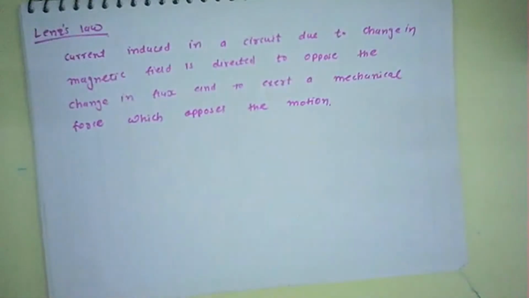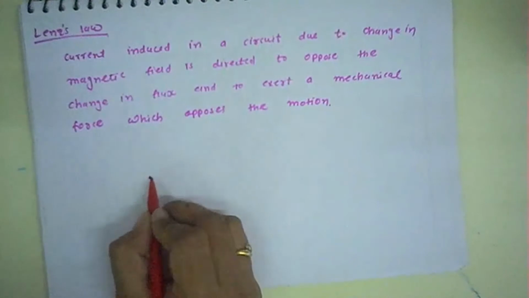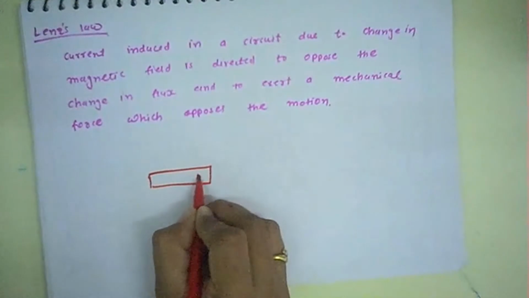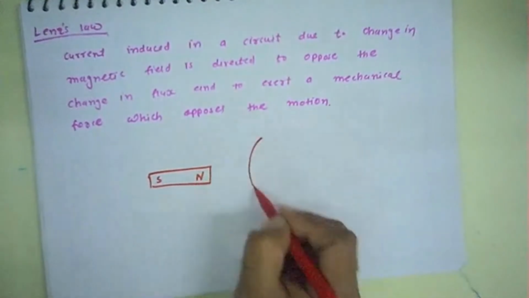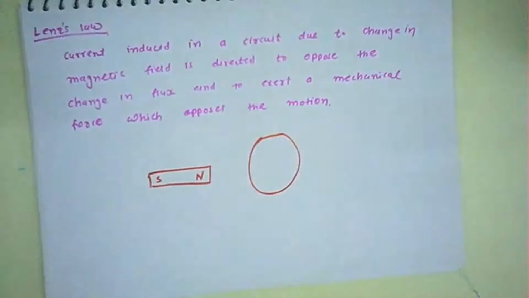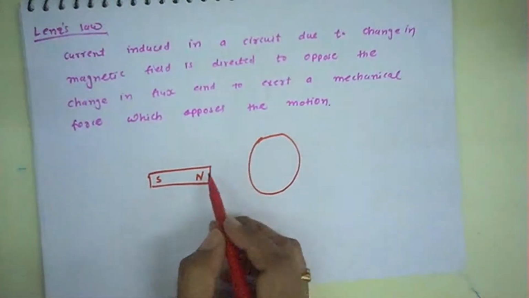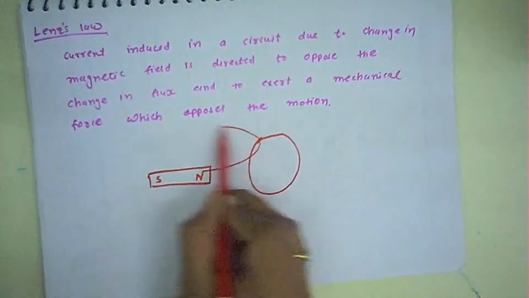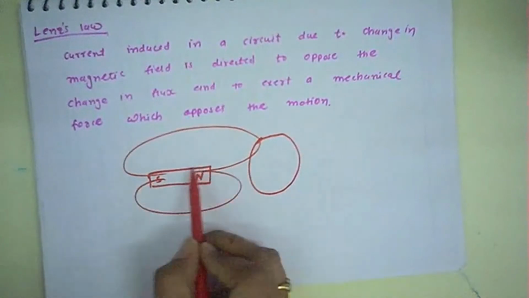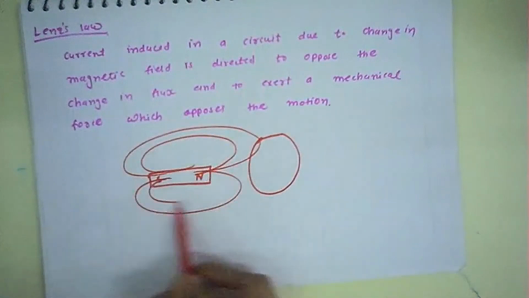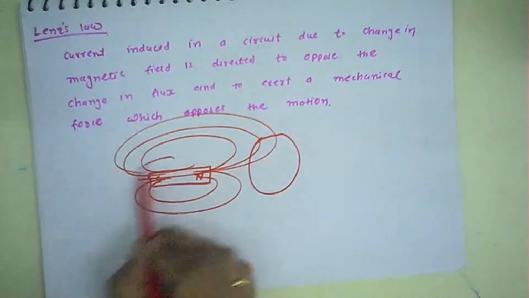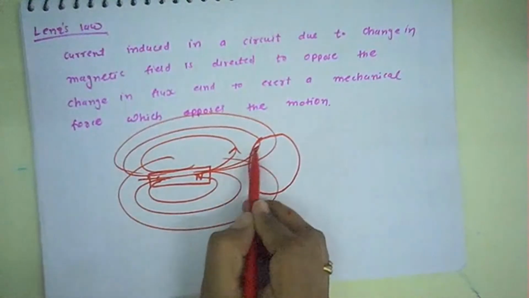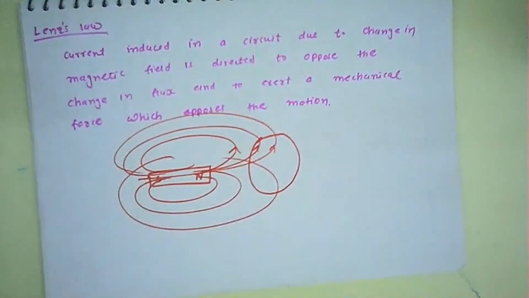Let's understand. See here what we saw. First we considered one magnet and there is one conducting loop. Because of the variation in the magnetic flux, the EMF is induced.